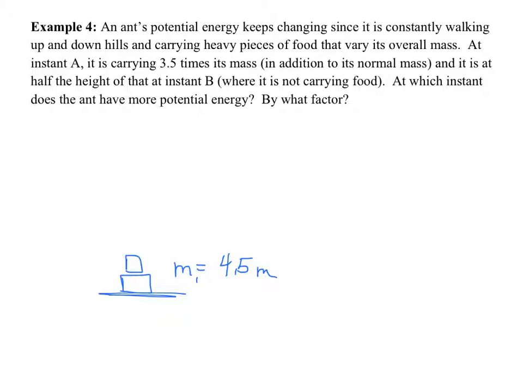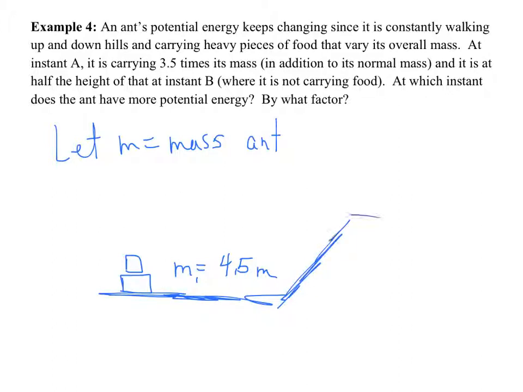Let m equal the mass of the ant. So in the beginning, its mass is its own mass m plus 3.5 m's, giving you 4.5 m's. Now, it goes like this, and it goes up to another anthill. And at this anthill, it dropped the food along the way, and now the ant is by itself. So what's the mass at this point in time?